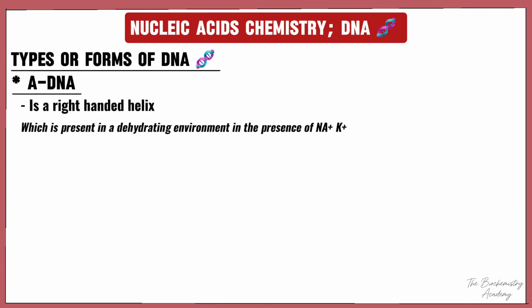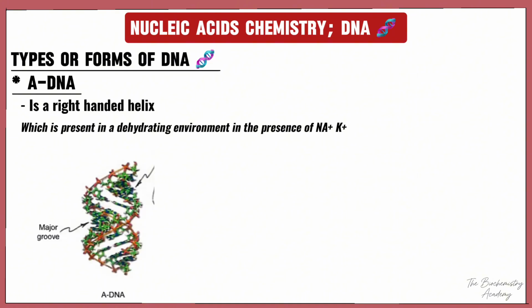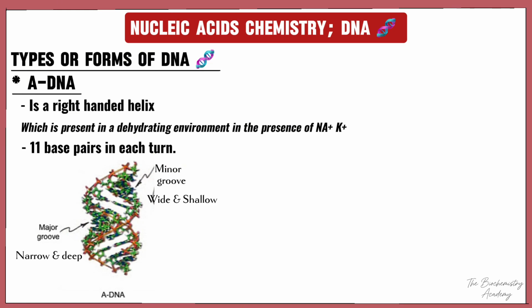It is present in a dehydrating environment in the presence of sodium ion, potassium ion. Now the number of base pairs in each turn is 11 base pairs. Now there are two grooves, which are the major and the minor groove. The major groove is narrow and deep, but the minor groove is wide and shallow.